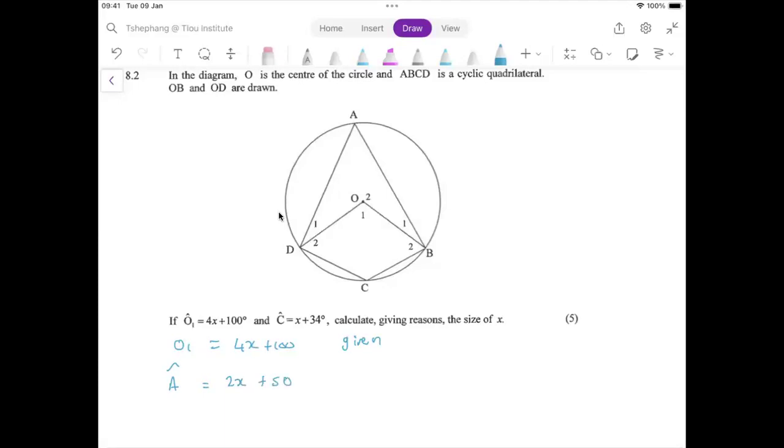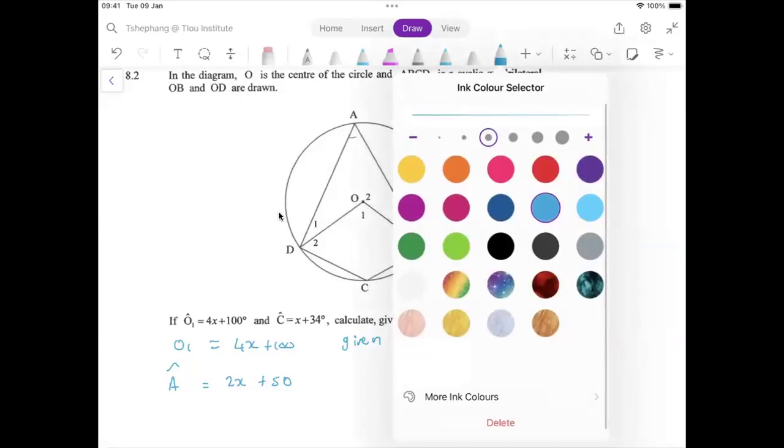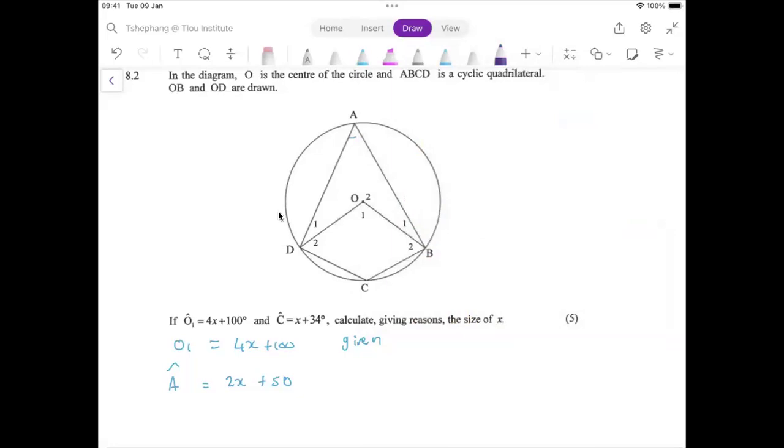Okay. Now, C is given. What do we know about A and C? Okay, not the political party, but A and C. So A plus C must give us 180 degrees. What is the reason? Opposite angles of a cyclic quad.